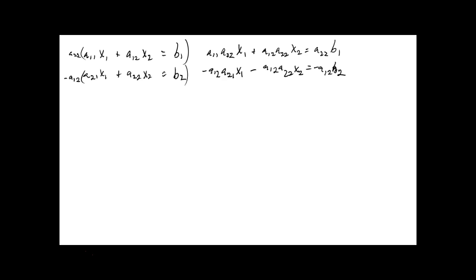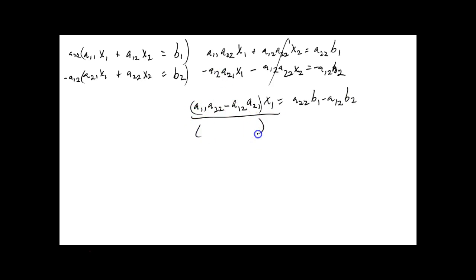Carried away with my A's there. What you see here is that you've eliminated your x2s. So that gives you A11 A22 minus A12 A21, times x1, is equal to A22 B1 minus A12 B2.